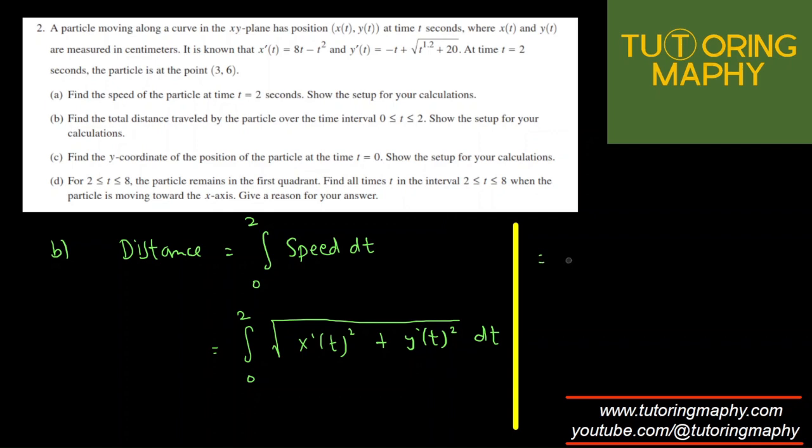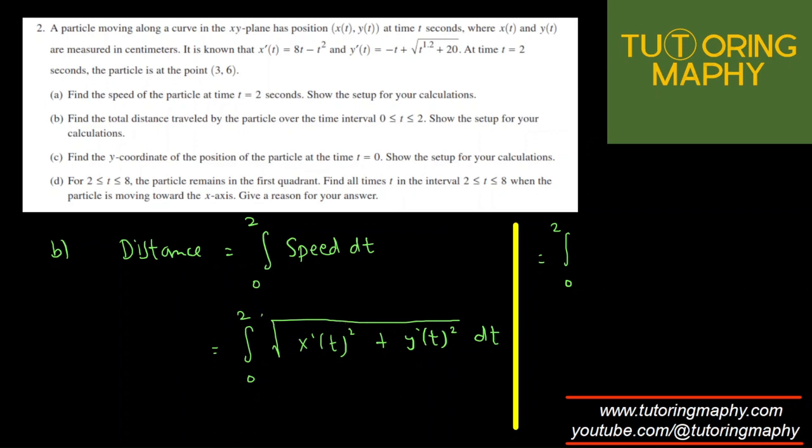And this is going to look like 0 to 2 square root of, by the way, there should be an absolute value over here as well, because that's what the speed means. But since we are just taking a square root of it, it doesn't really create any difference, because that's always going to be positive.